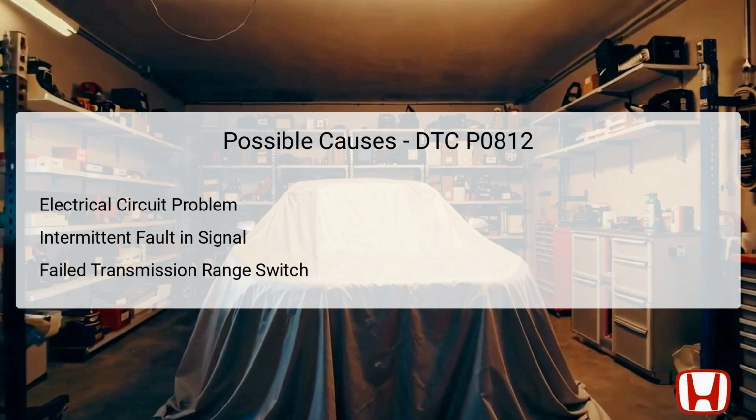This could lead to temporary malfunctions, making diagnostics complex. Additionally, the underlying issue may stem from a failed transmission range switch itself, impacting the system's efficacy. Each of these potential causes highlights the importance of thorough testing and electrical checks during the troubleshooting process, ensuring all components are fully operational before considering more significant repairs.